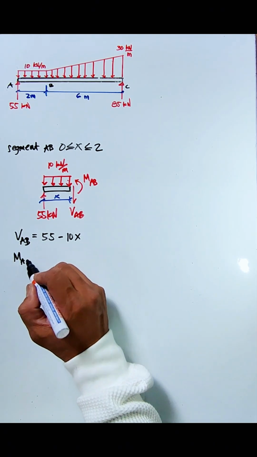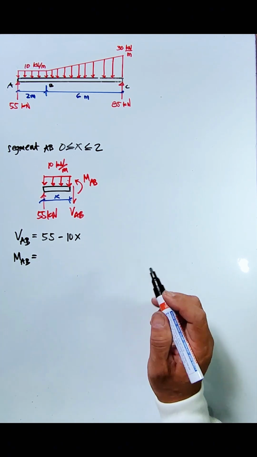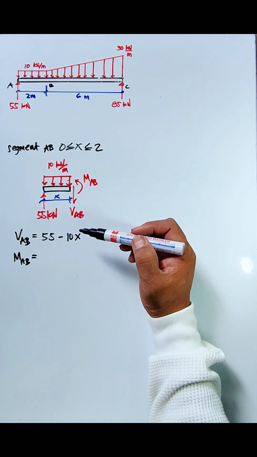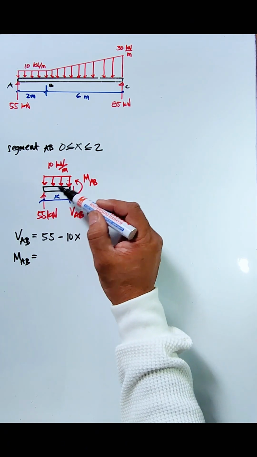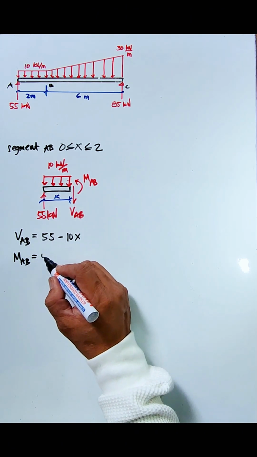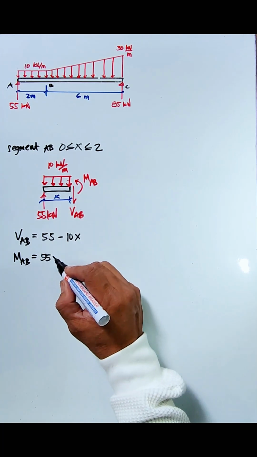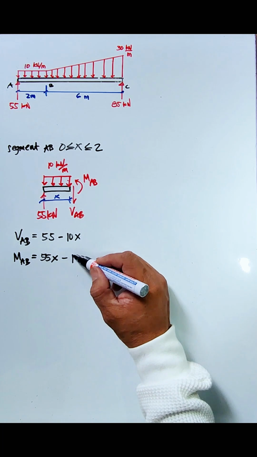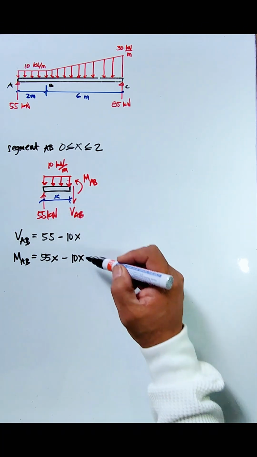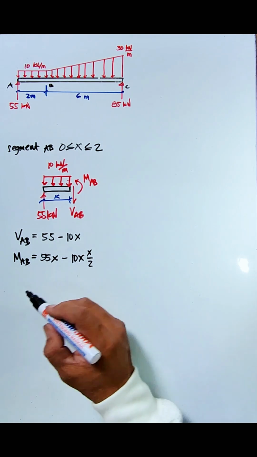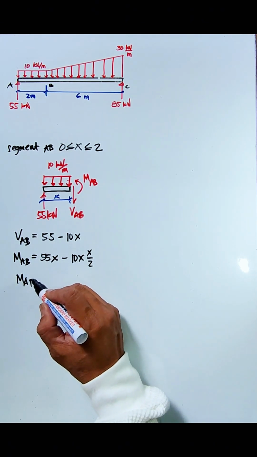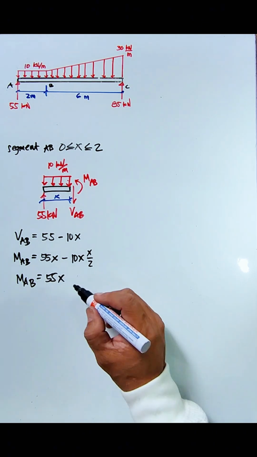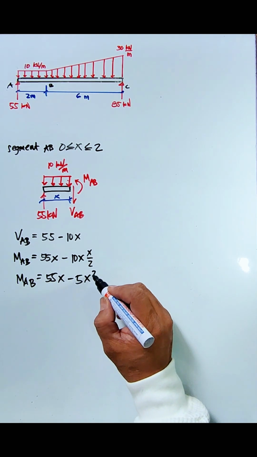And our moment equation, our sign convention here is that all moment that is opposite this direction will be positive. So that will be 55 times the moment arm of x. This one will be minus the resultant 10x multiplied by the moment arm of x over 2. So moment AB is 55x minus 5x squared.